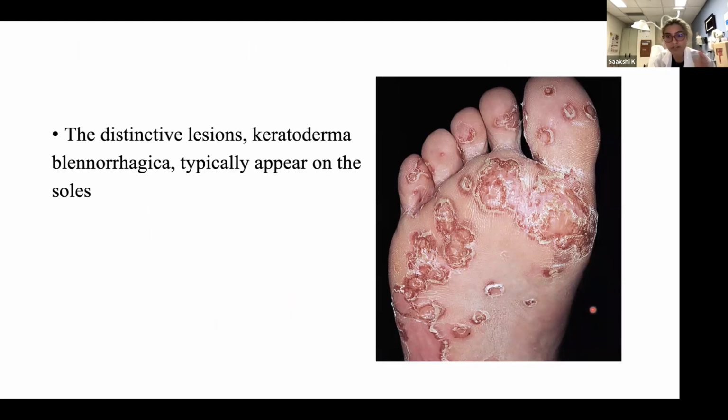This is an example of a patient's sole, where you can see eczematous, scaly, sometimes thickened or hyperkeratotic patches or plaques on their palms and soles. So that can be a board testable question as well. At least I remember when I was doing my IM boards to know about keratoderma blennorrhagicum.